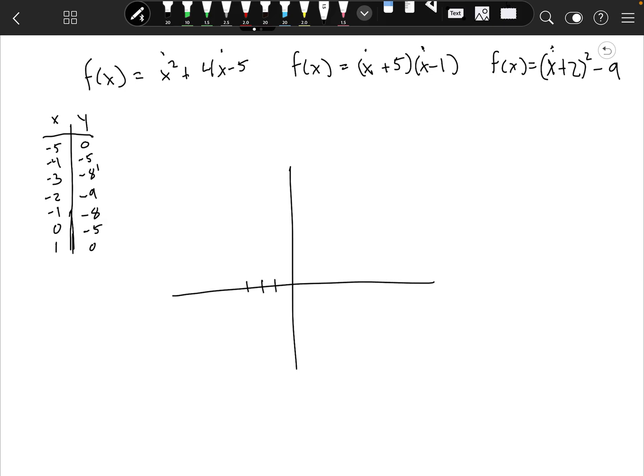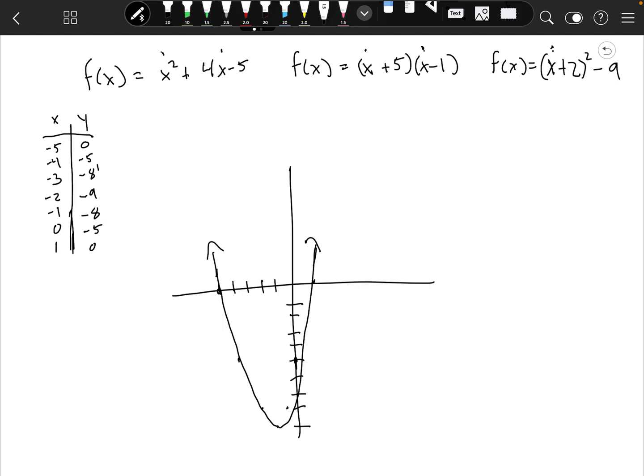Here's 1, 2, 3, 4, 5, -5, 0, and then we have -4, -5, about right there, and then -3, -8, about right there, -2, -9 right there, -1, -8, 0, -5, and 1, 0, right about like that. So it kind of looks like this. Kind of got the idea there.